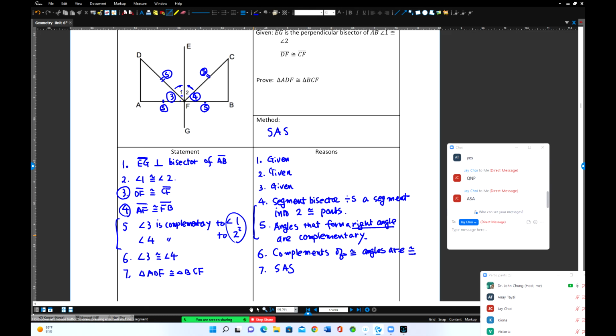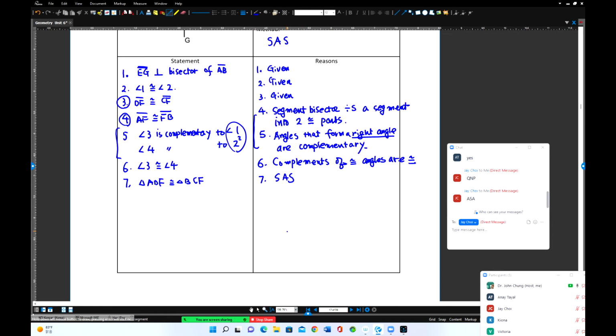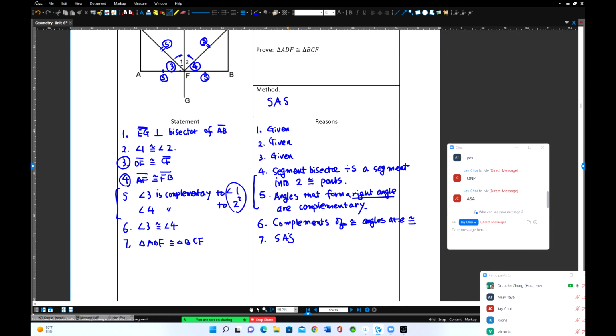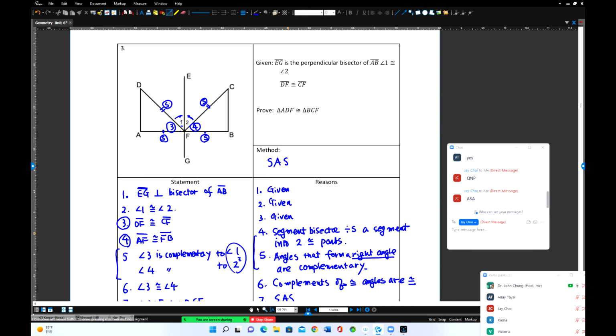But if your school teacher goes that way, there's no choice. You have to follow your teacher's style. That's all we prove on this question number 3.